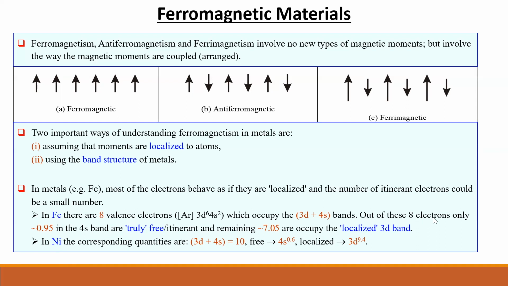Out of these 8 electrons, only 0.95 in the 4s band are free or itinerant, and the remaining occupy the localized 3d band. Whereas in nickel, the corresponding total for the 3d and 4s is 10, so the free in the 4s will be 0.6, whereas the localized will have 9.4 in the 3d shell.